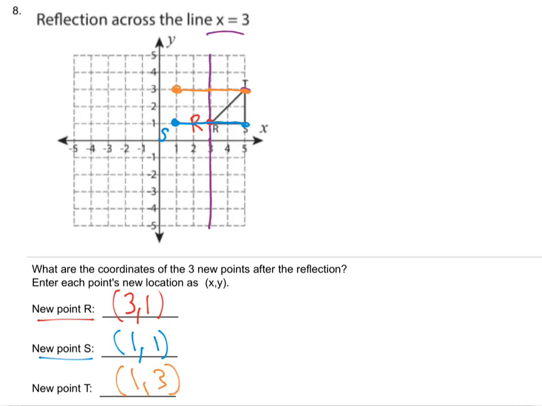Okay. So that's our new image point T. Let's connect up our 3 image points to find our image triangle. There it is. It looks just like a reflection of the triangle across the line x equals 3. There we go.